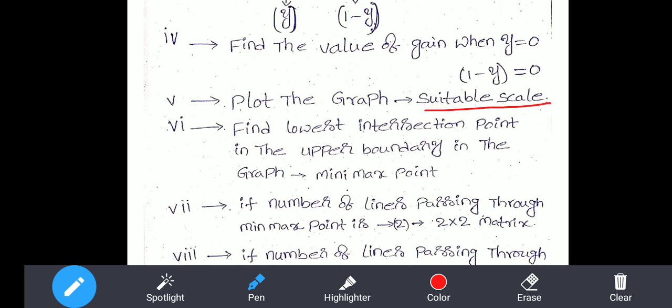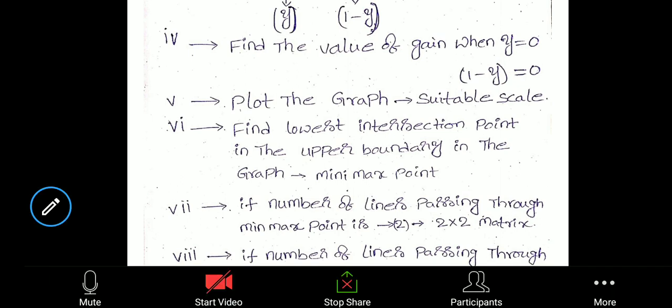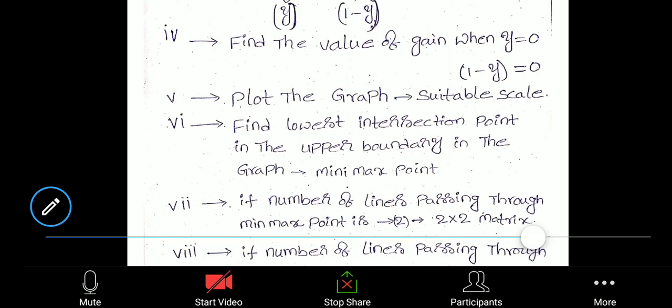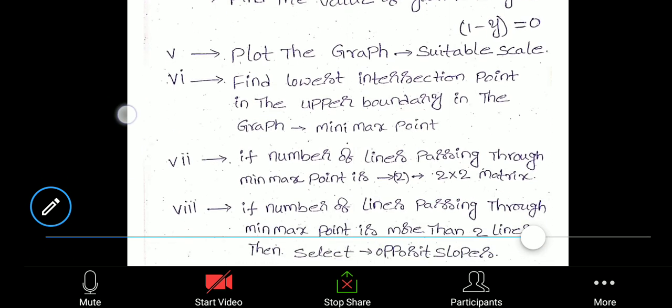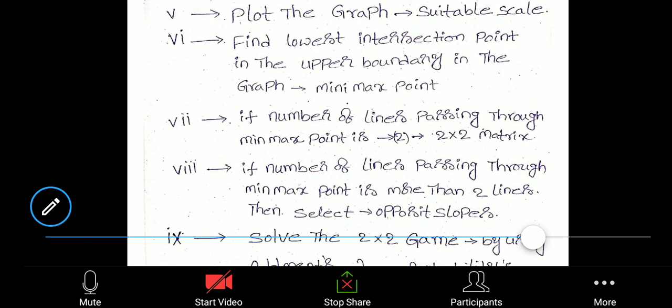Now the upper boundary portion in the graph will be identified as the minimax point. I'll show you in the example. After that, the lines passing through the minimax point will be identified.